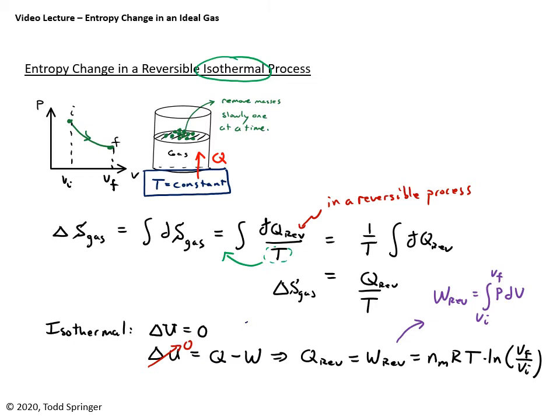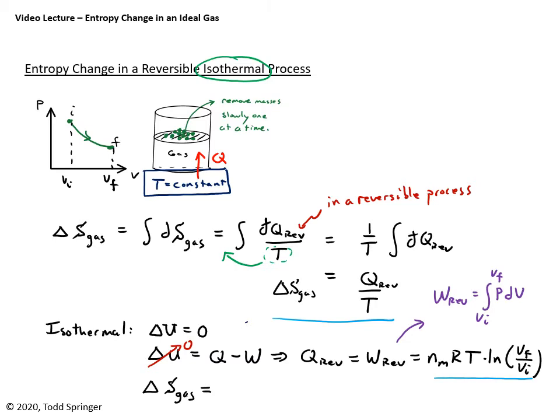So finally, we can put everything together. We've got delta S for the gas is Q reversible divided by the T. And then Q reversible is nMRT natural log Vf over Vi. So I'm going to combine now this equation and this equation, and I'll get my final formula for delta S for the gas in an isothermal process.